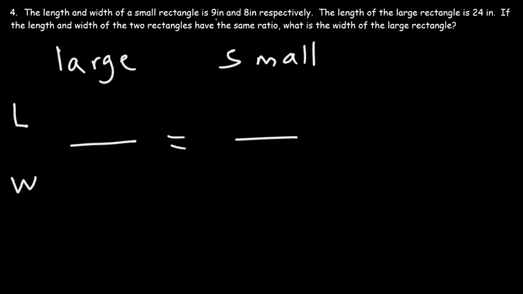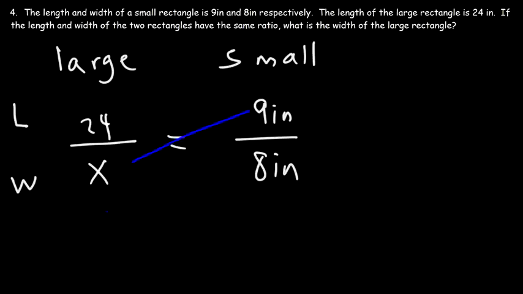So for the small rectangle, the length is 9 inches, and the width is 8 inches. Now for the large rectangle, the length is 24. Our goal is to calculate the width of the large rectangle. So let's put an x. Now let's cross multiply. So this is going to be 9x, and that's equal to 8 times 24.